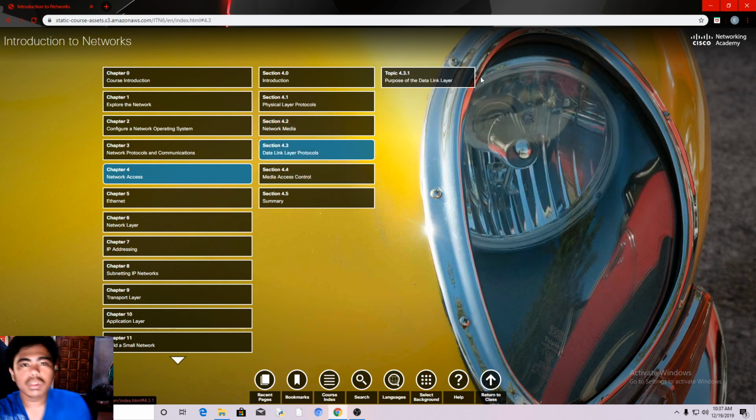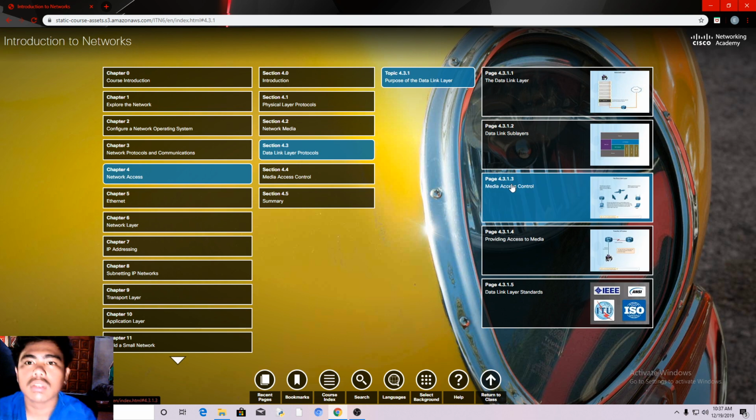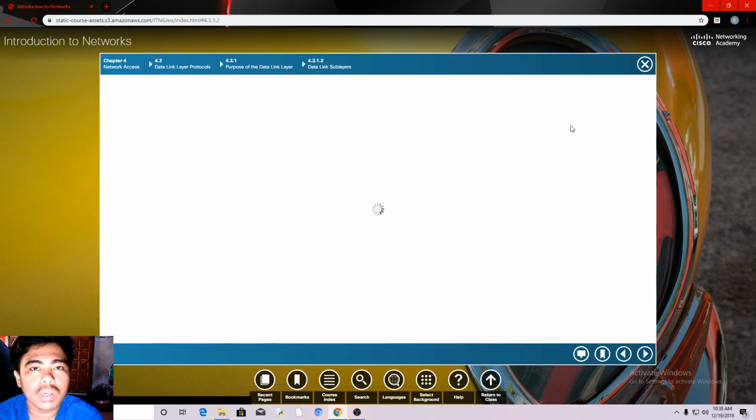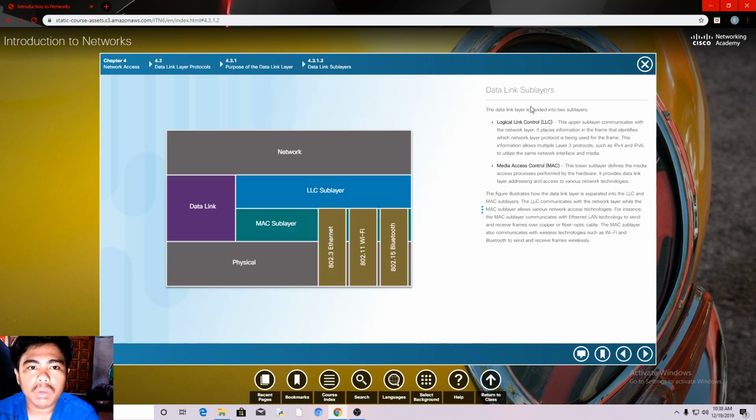So let's go with the data link layer protocols. Here we have the data link sublayers: the LLC sublayer and the MAC sublayer, and its protocol interacts with the network layer and the physical layer. So, logical link control and media access control.